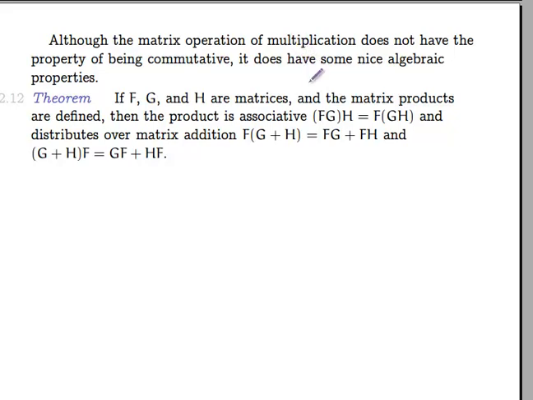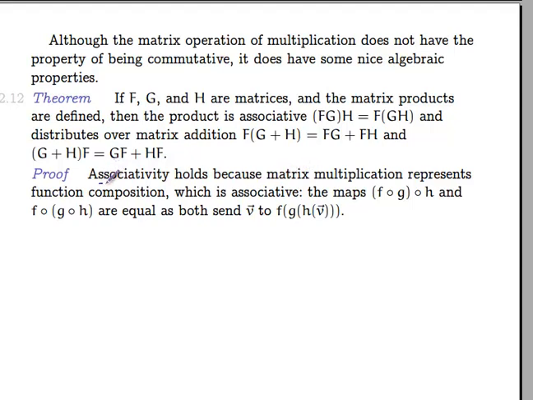Nonetheless, matrix multiplication has nice algebraic properties. In fact, matrix multiplication is associative and distributive. These are the standard properties of operations that you've seen in ordinary arithmetic. So here the multiplication distributes over addition, and multiplication associates.